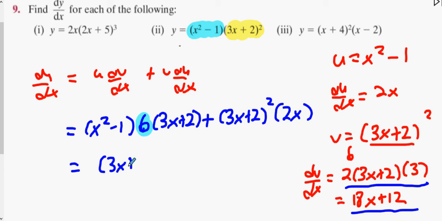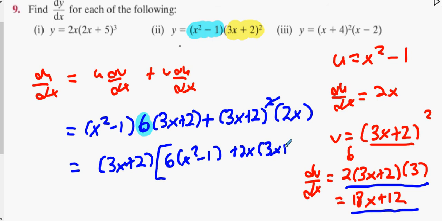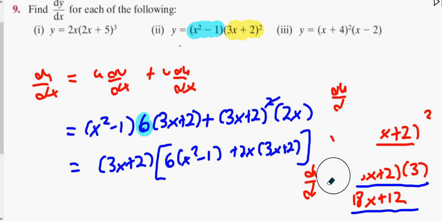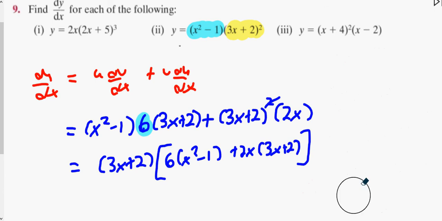So I'm going to get 3x plus 2. What's left over? 6 into x squared minus 1. I took out one of the 3x plus 2's, didn't I? So what's left here? 2x by 3x plus 2. Alright, let's multiply this out and see what happens. Might make it a bit easier.